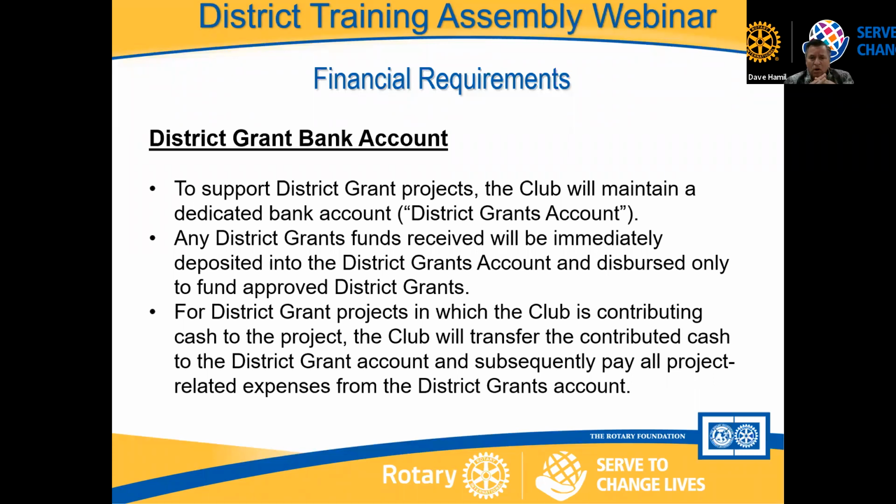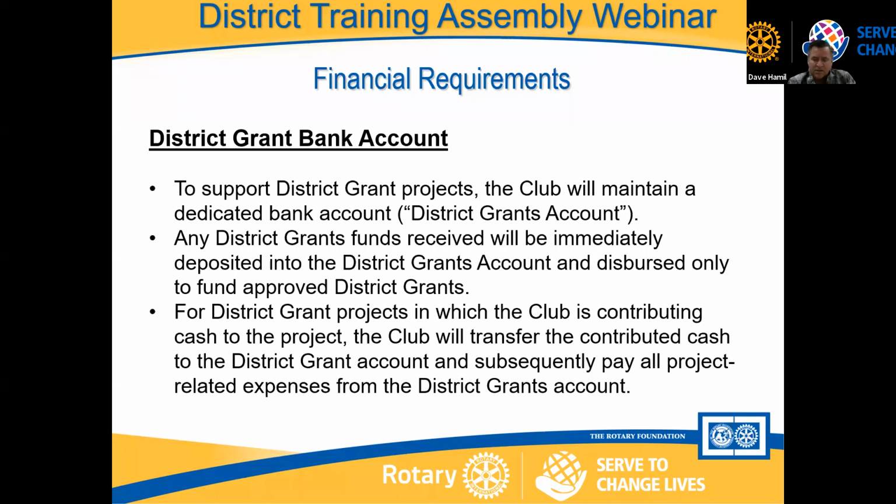Other names are okay, but it should not be your foundation account, and it absolutely cannot be your regular club account. The reason is you're going to be receiving these district designated funds, which will be deposited into this district grant account. Then your club will transfer club funds if required. And then all of the disbursements, all of the activity for the grant must come through that district grant account.